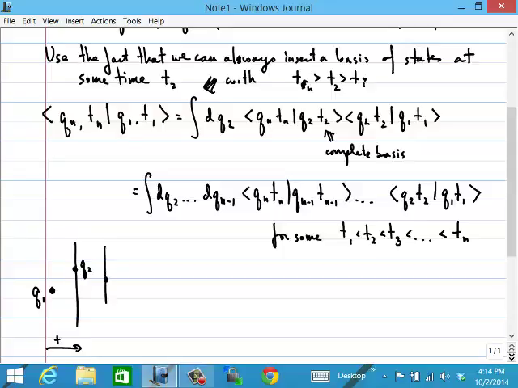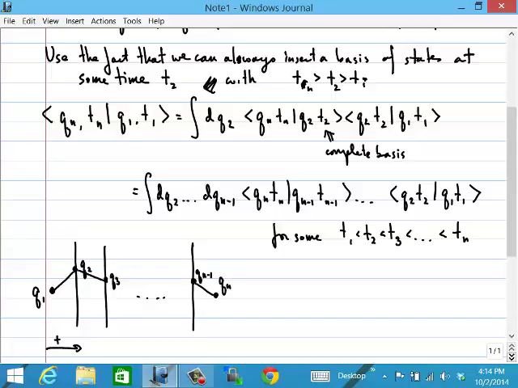Then you would have q3, and so on and so forth, until finally you get all the way up to qn. Okay? And so you can think of each of the individual terms in this integrand as the amplitude for the particle to move from one of these positions to the next as time increases.